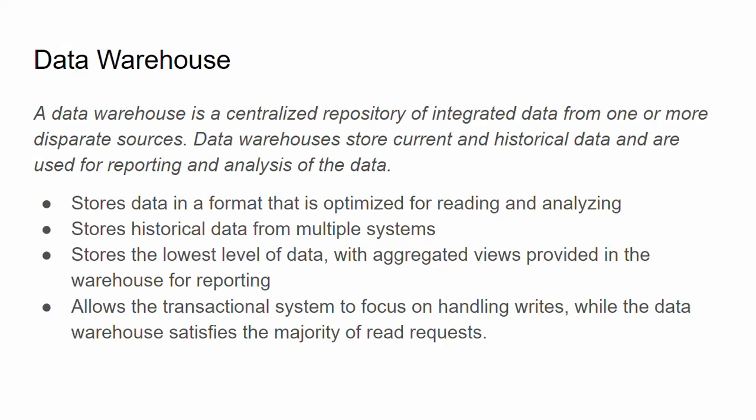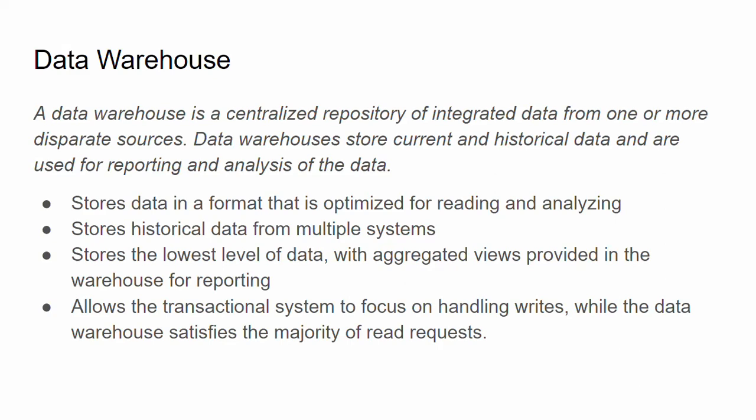Data warehouse basically is, like the definition says, a centralized repository, and all data from the enterprise will get into this data warehouse and be stored in here. So it's a central collection of everything, all data of the enterprise. It stores data in a format that is optimized for reading and analyzing.